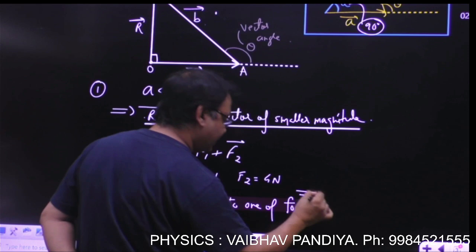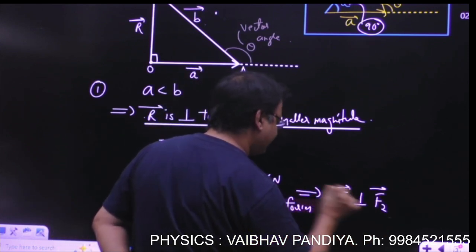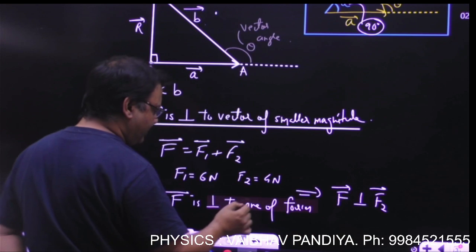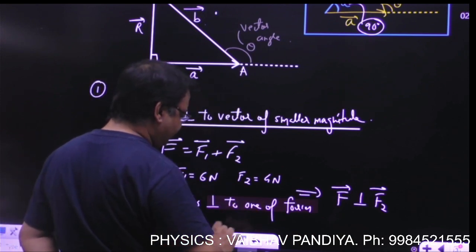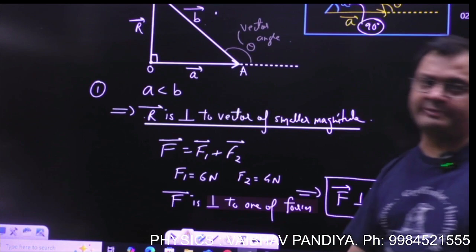So surely you can say that vector F will be perpendicular to F2. It can't be perpendicular to F1. If it is given to be perpendicular to one of the two forces, surely it will be perpendicular to what? F2, the force with smaller magnitude.